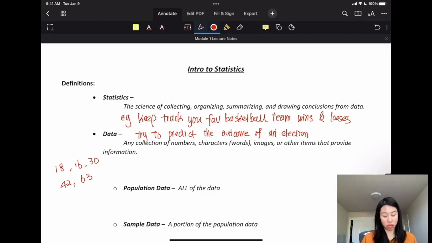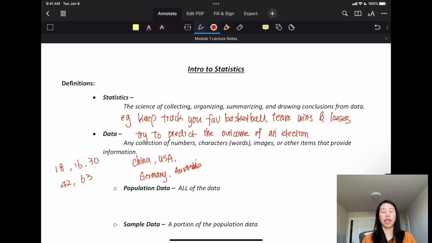And then it could be characters in words, such as, where are you from? We're trying to collect the data of the students, which country do they come from. Such as me, I'm from China, USA, or Germany, Australia. So these words are considered data as well.